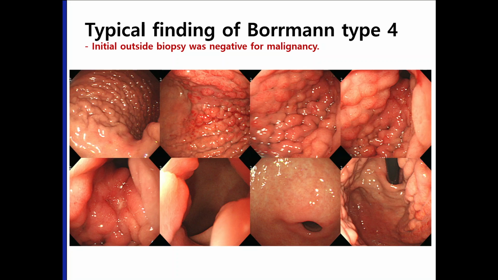A 59-year-old lady was referred for the further evaluation of suspicious Borrmann type 4. Initial endoscopic biopsy at a local clinic was negative for malignancy. In the endoscopy at my clinic, gastric folds looked thickened.